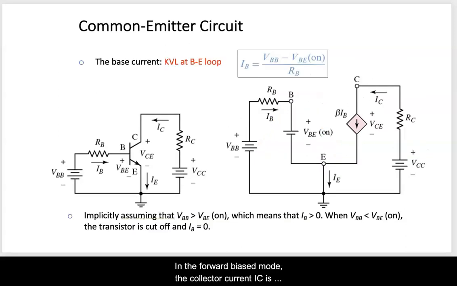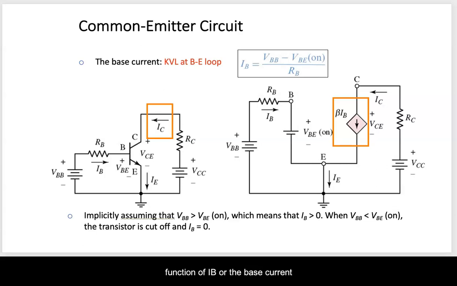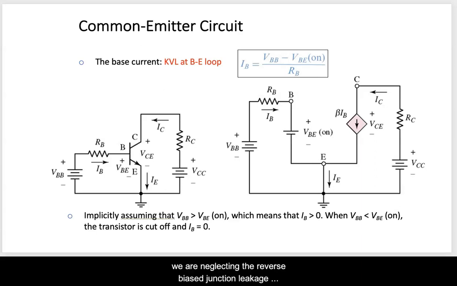In the forward bias mode, the collector current IC is represented as a dependent current source that is a function of IB, or the base current. Note that in this case, we are neglecting the reverse bias junction leakage current and the Early effect.